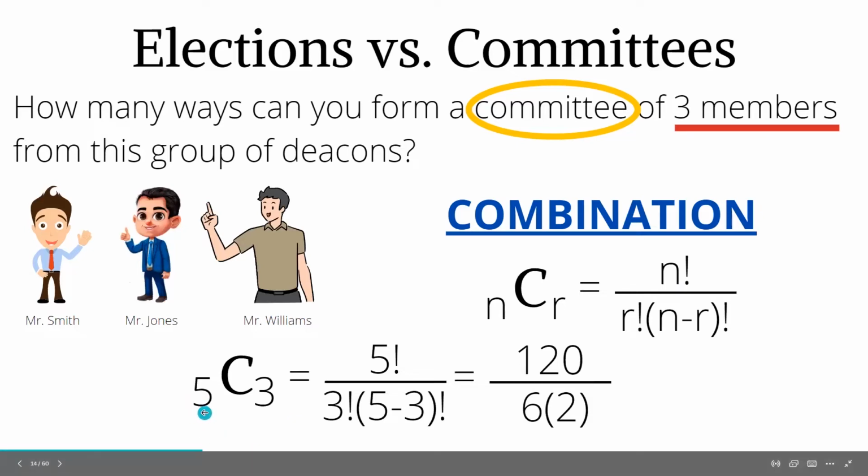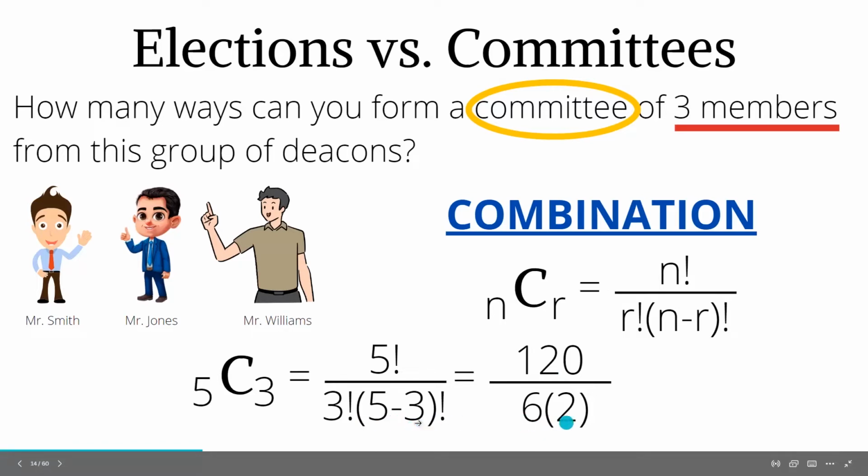Now, let's look at plugging the numbers in. So we actually have, if you had your 5 deacons, we're going to form a committee. So we're going to use the combination of 3 people. We're going to plug our numbers in here. So 5 factorial is 120. 3 factorial is 6. And 5 minus 3 is 2.